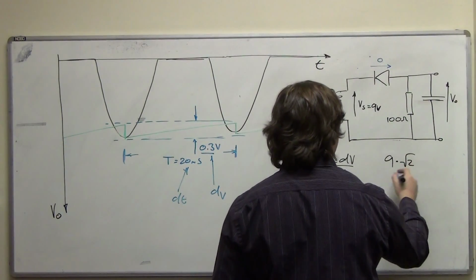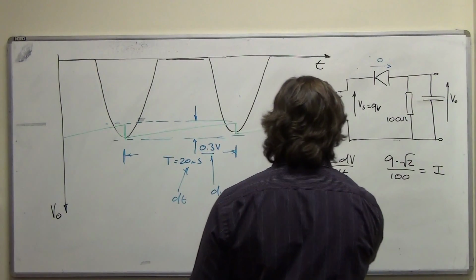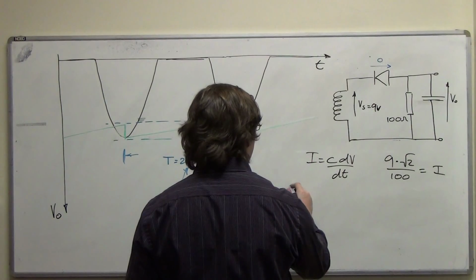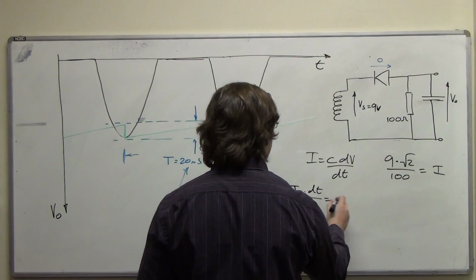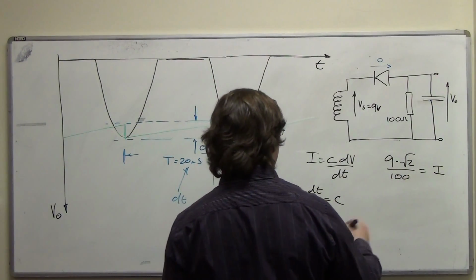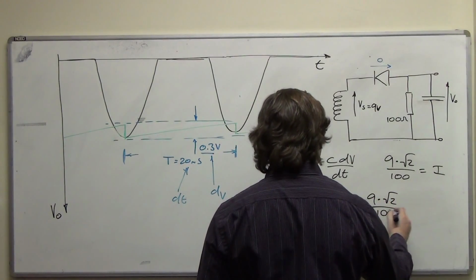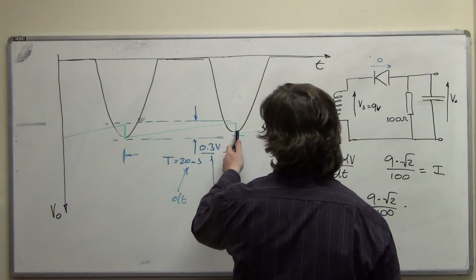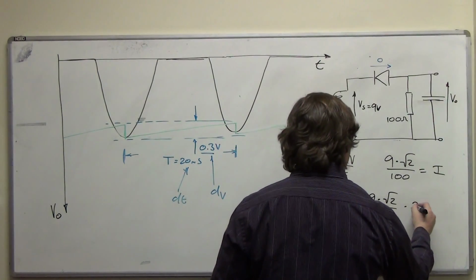I is V upon R, so it's upon 100, and this is also equal to I. So we can solve the capacitor equation for C, and we'll have I dt upon dV is equal to C, and we can sub in the I as well from here, so that will give us 9 root 2 over 100 times, now the dt is between the charging event, so that's 20 milliseconds, which is there.